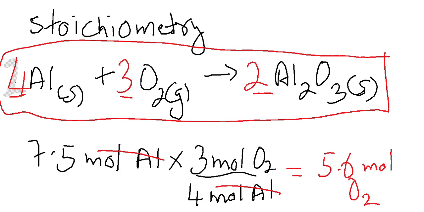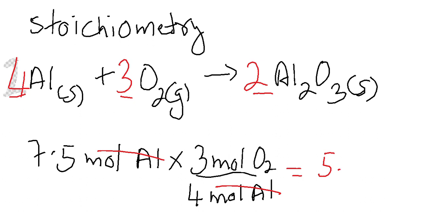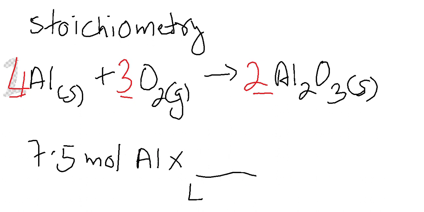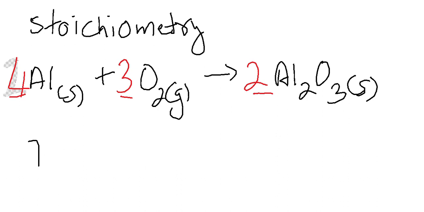Well, keep the same equation, but let's assume that we are given grams of aluminum. We are told that we have, let's say, 21.3 grams of aluminum in our possession. How many grams of oxygen gas should we use for this reaction?